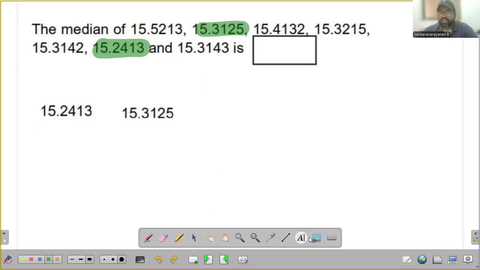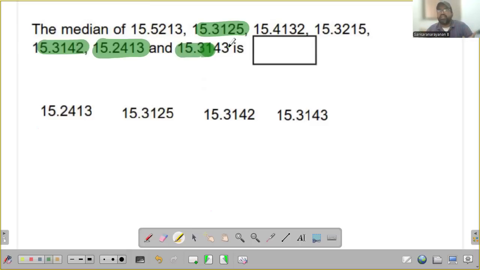Please observe 15.3142 and 15.3143. I'm highlighting it, 3142 here and 3143 here.